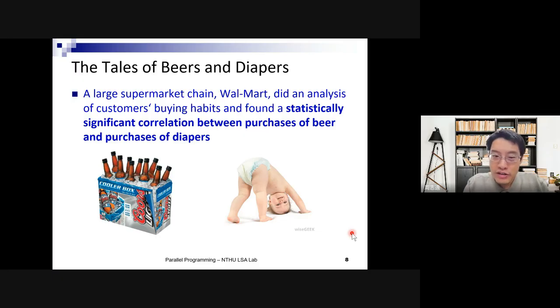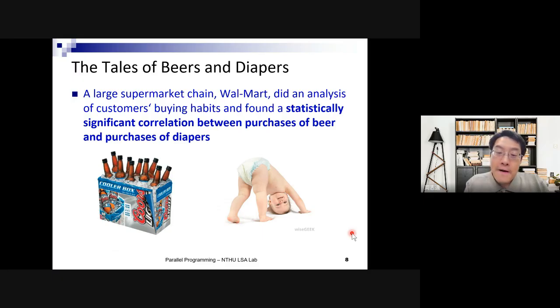So that's why he needs beers, and he needs to buy diapers as well. The statistics don't tell you anything about that, so we don't know why, or whether this decision is reasonable or not. It's pretty hard to judge instead of just trusting the statistical results.